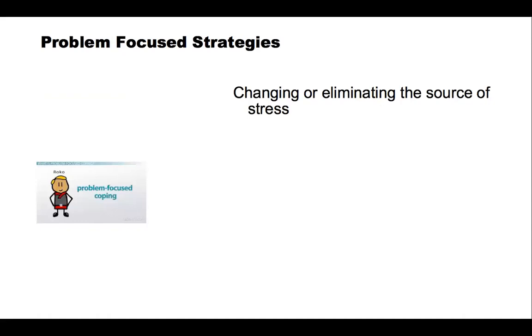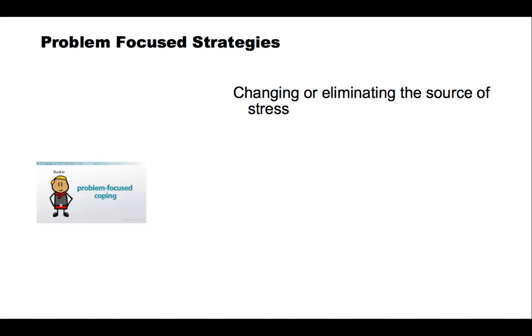Now let us see what is problem-focused strategy. So these are those that modify the behavior of the person. So it directs towards reducing or eliminating a stressor. And adaptive behavioral people using problem-focused strategies try to deal with the cause of their problem. They do this by finding out information on the problem and also learning new skills to manage problems.